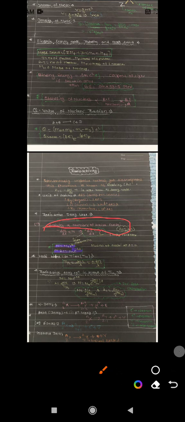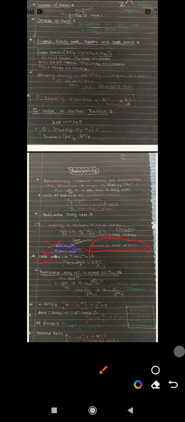Okay, so minus dN by dt is directly proportional to N. After removing the proportionality sign, we will get a constant, which is decay constant lambda, and it can also be written as activity equal to lambda N. After integrating this term, we will get N is equal to N naught e to the power minus lambda t, and it can also be written as A is equal to A naught e to the power minus lambda t, where N naught is number of nuclei at t is equal to 0.